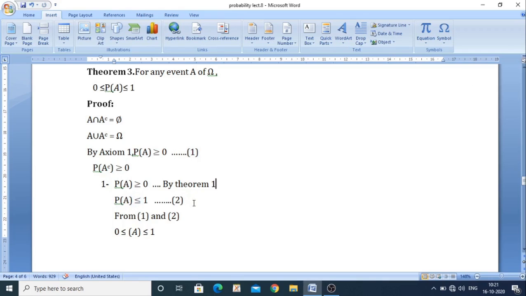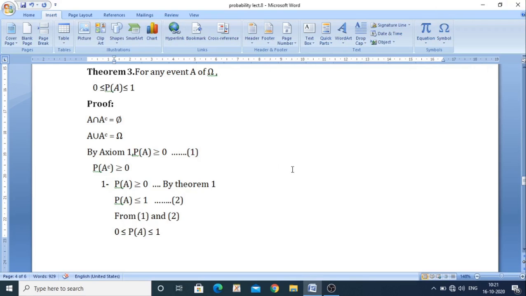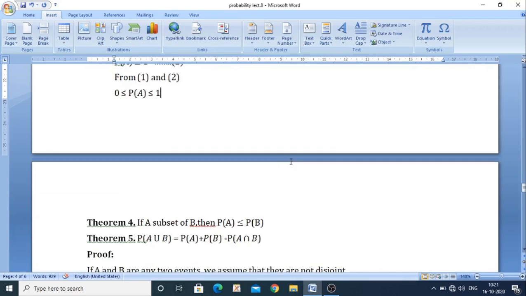So combining 1 and 2, we are having 0 less than or equal to P of A less than or equal to 1.